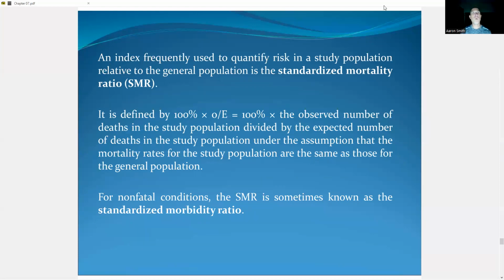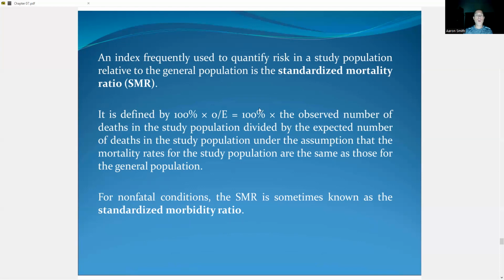An index frequently used to quantify risk in a study population relative to the general population is the standardized mortality ratio. It is defined as the observed divided by expected times 100 for the percent.